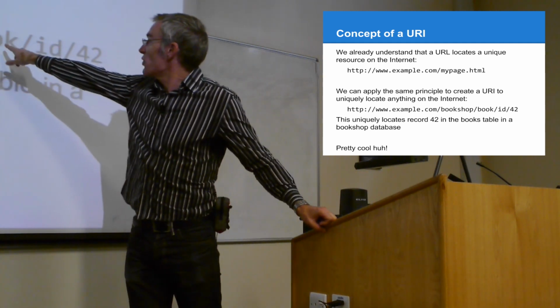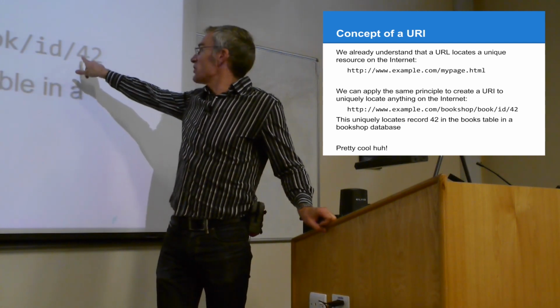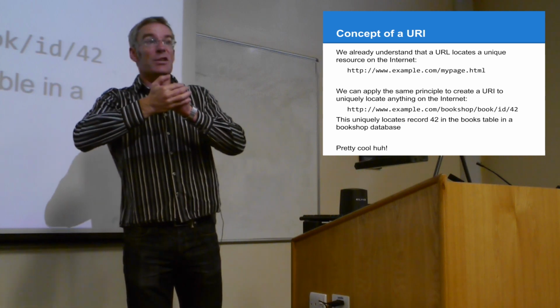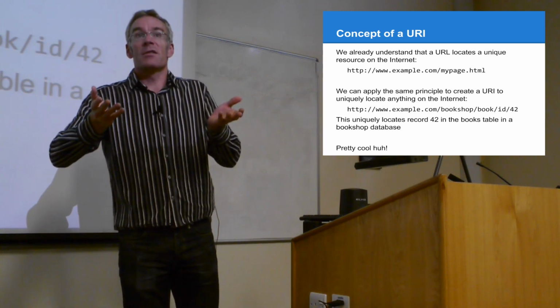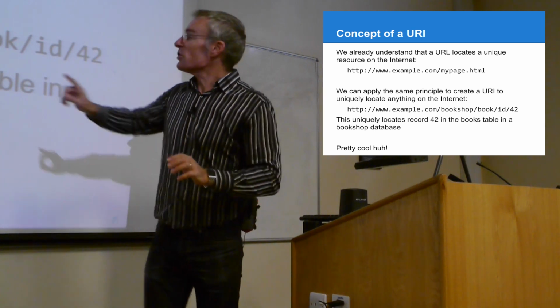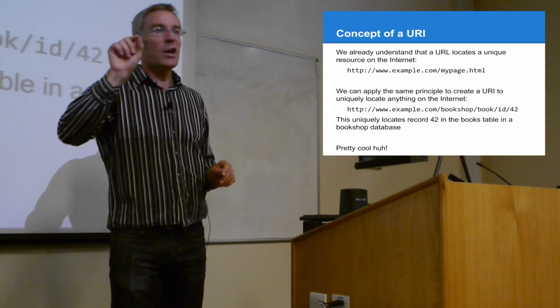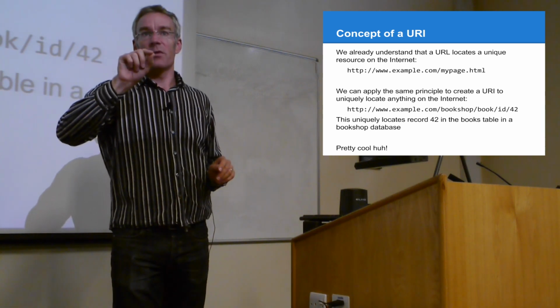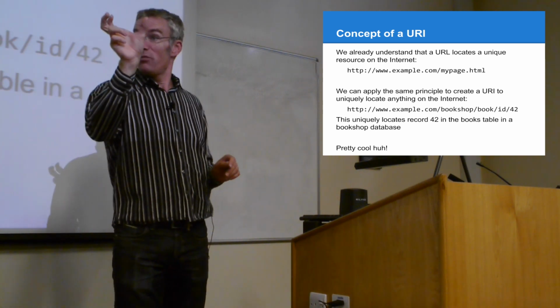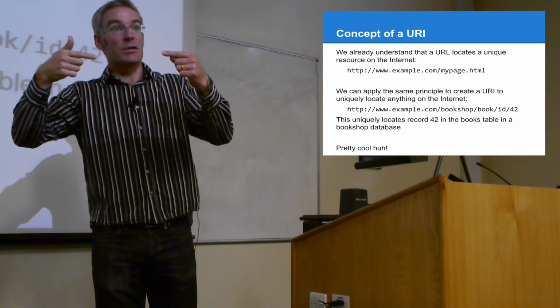Example, bookshop, book. So there's our noun. ID 242. So we've identified a unique resource, and that could be a record, couldn't it, in the database? So we've suddenly got a brilliant way of identifying resources. And what's really amazing about this is if you do them properly, they're human readable. You can work out what they mean just by looking at them. Just like with a method in your programming, if you write the name of the method well, it makes sense to the person using it.